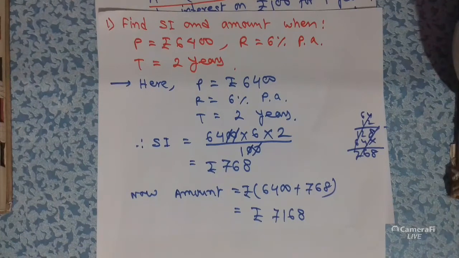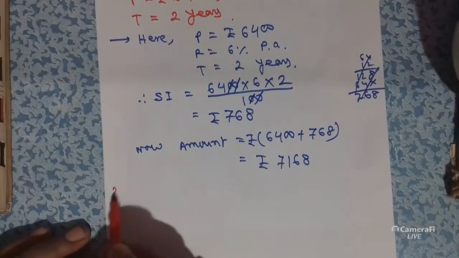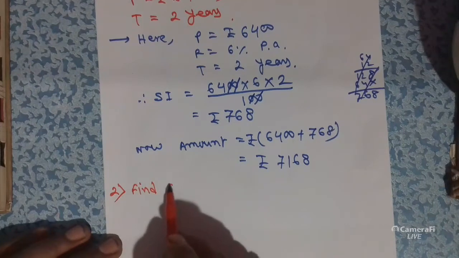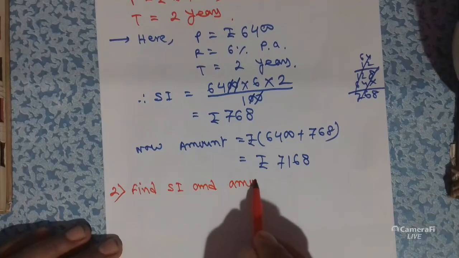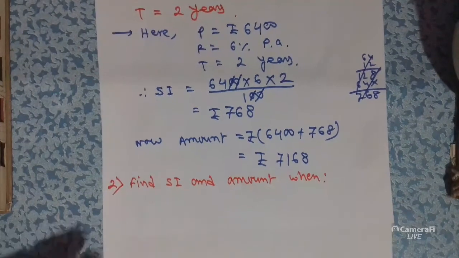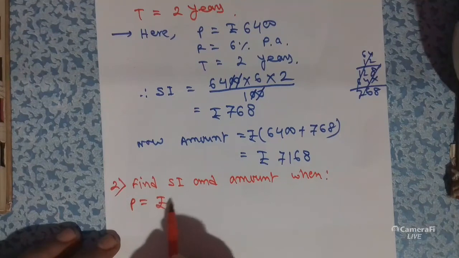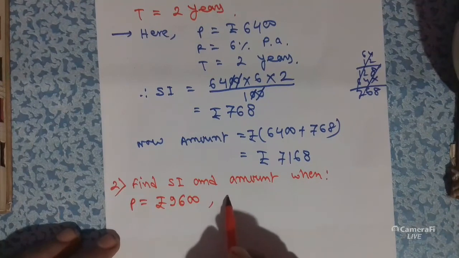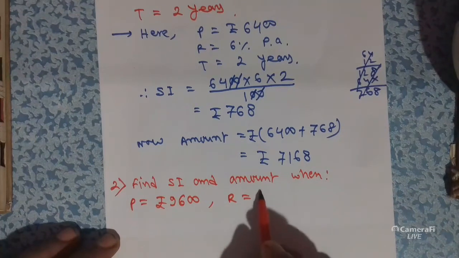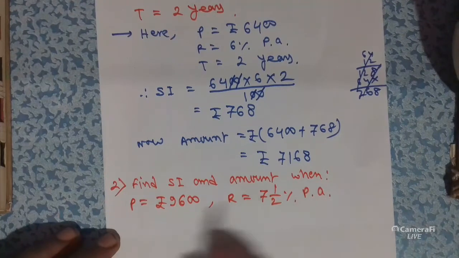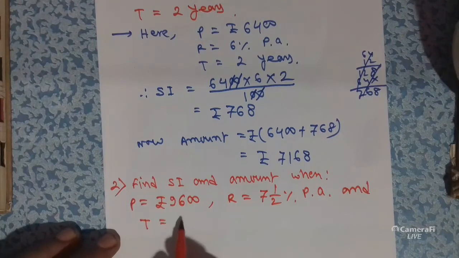Now I will show you another one. Find simple interest and amount when principal is rupees 9600, rate is equal to 7 whole 1 by 2% per annum, and time is equal to 5 months.